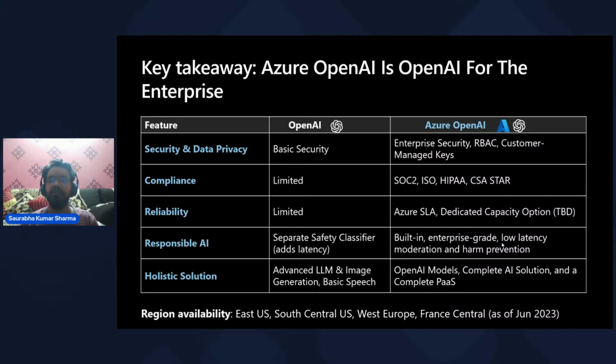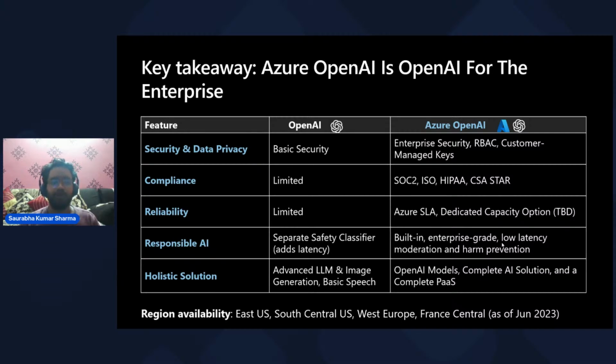It will give you enterprise-level security, RBAC, and customer-managed keys. On the compliance side, OpenAI is limited, whereas Azure OpenAI has ISO, HIPAA, and CSA STAR. On the reliability side, OpenAI is limited, whereas Azure OpenAI has the Azure SLA, dedicated capacity, and lots of things.